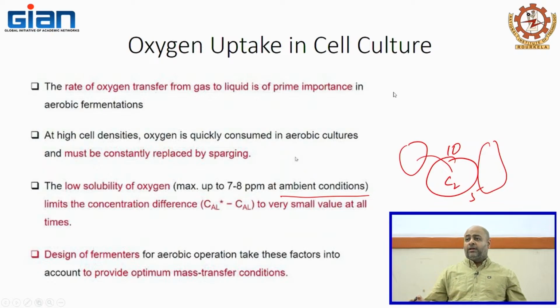Now, solubility depends on the temperature, solubility depends on the pressure, solubility depends on the fluid properties. So, all of those parameters have to be taken into account when you are trying to define how much oxygen would get solubilized. What can you do in that case? If you want to improve the solubility of your fermentation system, what will you do?